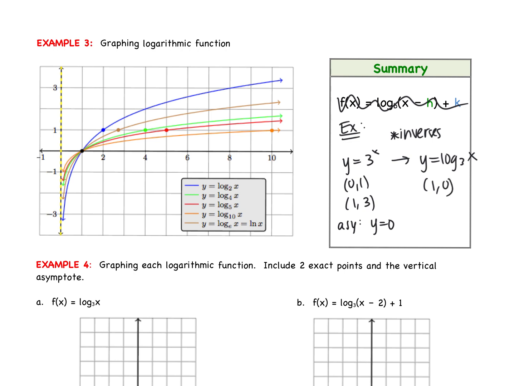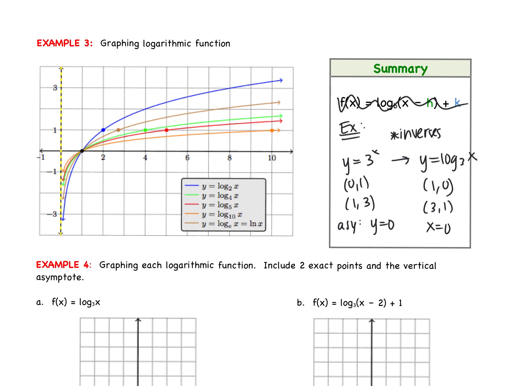That's where the 1, 0 comes from. It's the inverse of 0, 1. Then that 1, 3 becomes 3, 1. Again, it's just flipping the points. So you don't even have to remember these points. All you have to do is remember these and be able to flip them. And with inverses, x and y are flipped. So instead of there being an asymptote at y equals 0, it's at x equals 0. That's where these points on the log graph come from.